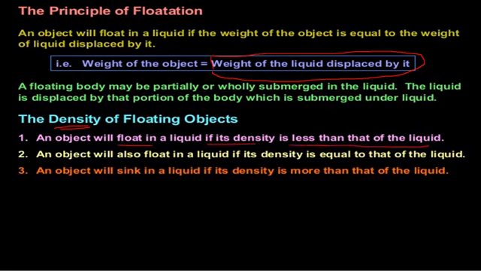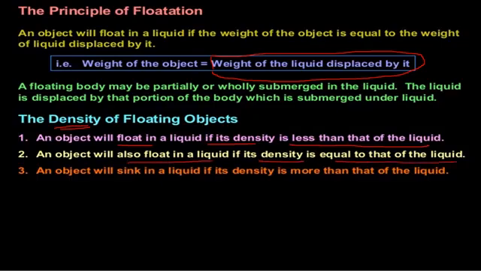We have already seen an example of mercury. Okay, mercury has a higher density, and an iron nut can be placed on the mercury. It will float on the mercury. Okay, then an object will also float in a liquid if its density is equal to that of a liquid.